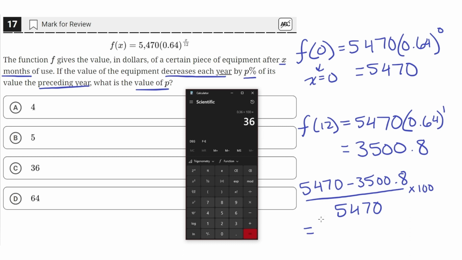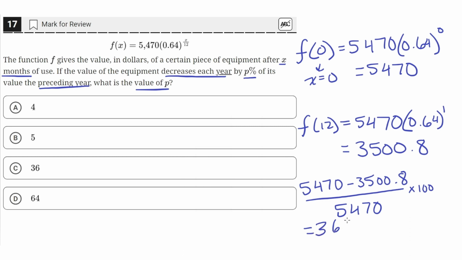So we get that the percentage change going from year 0 to year 1 was 36%. So that means P is equal to 36, since the value decreased by 36% going from year 0 to year 1. So that's answer choice C.